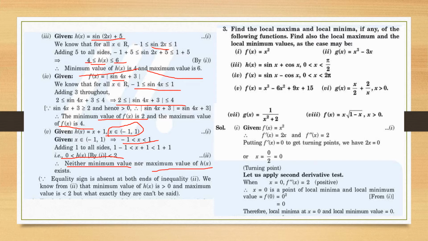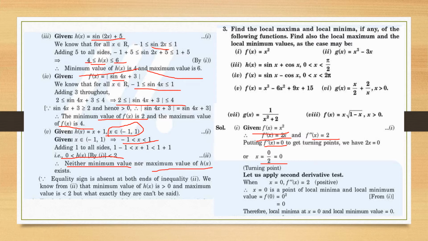Now number 3 is: find the local maximum and minimum, if any, of the following functions. So let us start with it. We are going to use the second derivative test. The function is x square, first derivative 2x, double derivative 2. It exists. To find the critical point, put f dash x as 0, so x is 0. Now let us apply the second derivative test.